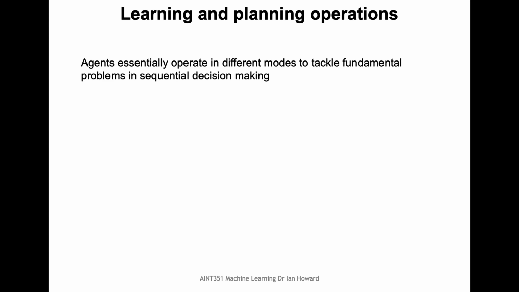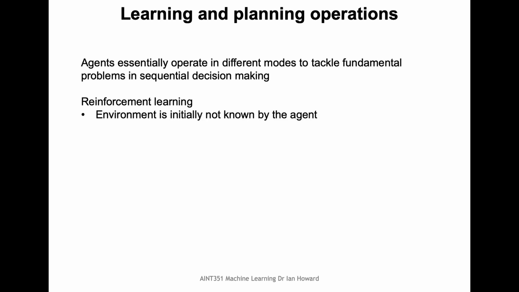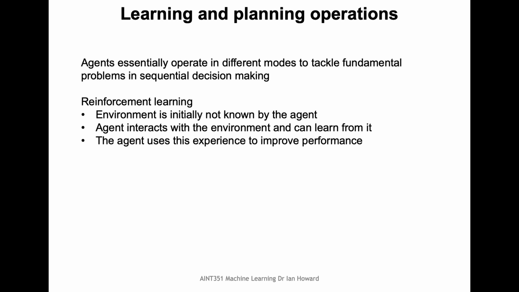Now, in reinforcement learning, there are kind of two modes that we need to use to get the thing to do what we want it to do. There's the learning phase, when we don't actually know the environment and we don't know the policies or the values of things, and we have to interact and experiment and get reward and use this reward to build up a better policy or a better value system.